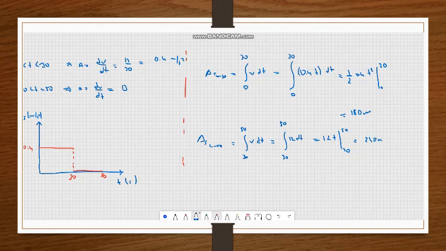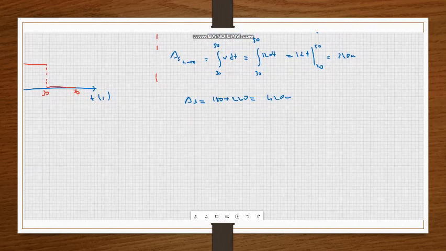distance traveled. The total delta S, from 0 to 50, is going to be 180 plus 240, which is 420 meters, which is the total distance traveled between 0 and 50. And if we want to find the average velocity, v average, what do we need to do?